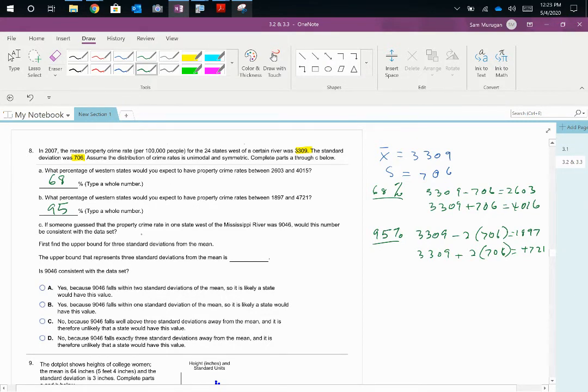If someone guessed that the property crime rate in one state west of the Mississippi was 9046, would this be consistent with the data?